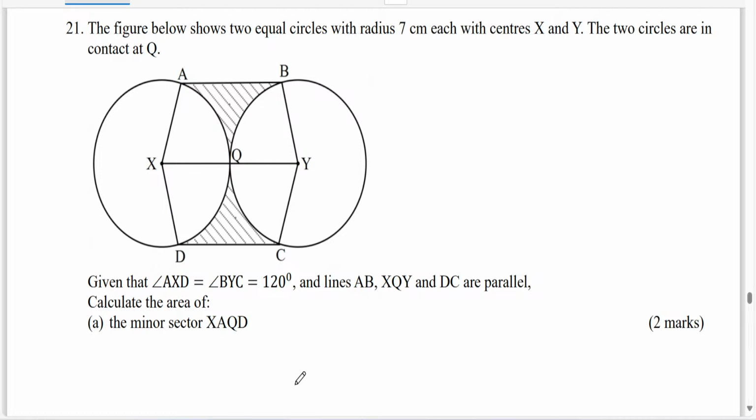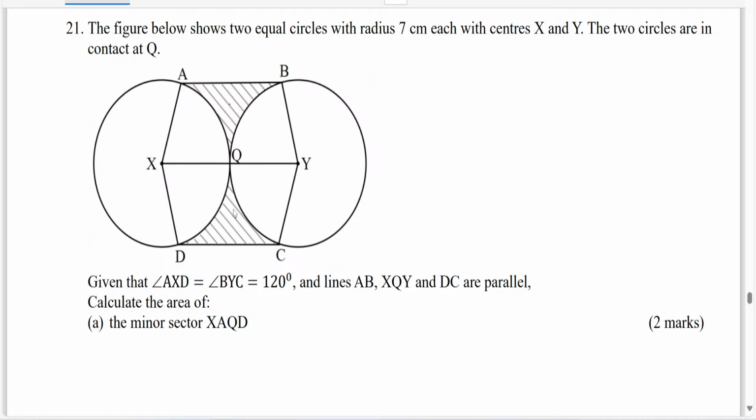Okay. Question 21. The figure below shows two equal circles with radius 7 centimeter. Sawa paka hapo. Okay, with centers X and Y. The two circles are in contact at Q. So those are your two circles.